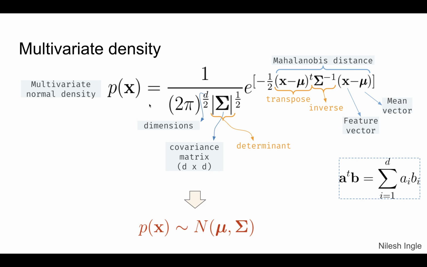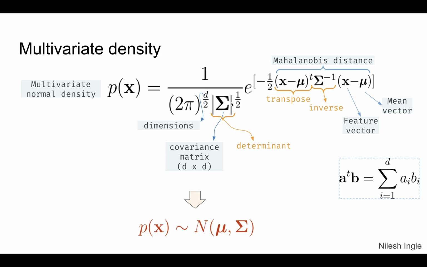So here what we are now using is the multivariate normal density, and the bold symbols here denote that those are matrices. And so here we have the value for p of x given by this relation, where d represents the number of dimensions and sigma represents the covariance matrix, capital sigma, with dimensions d by d, so d rows, d columns.